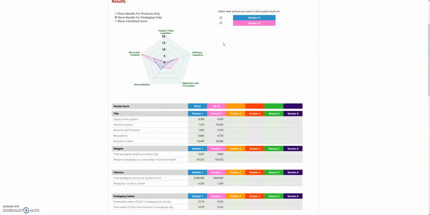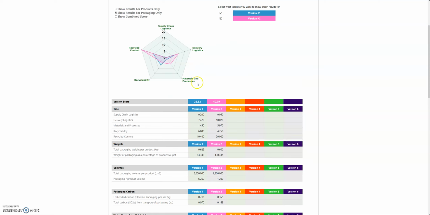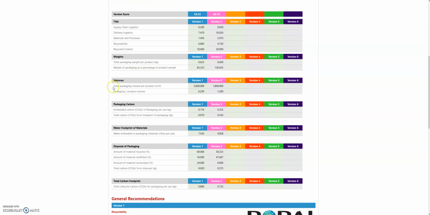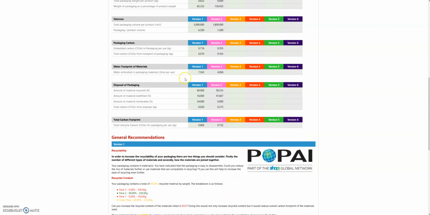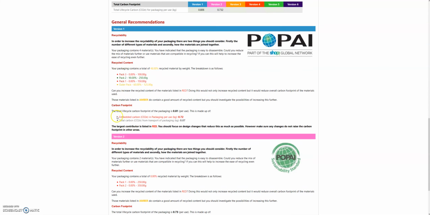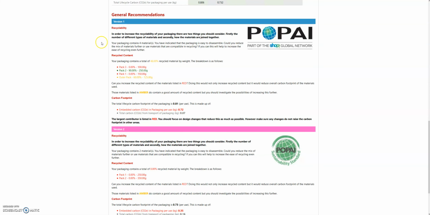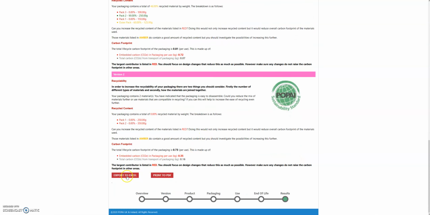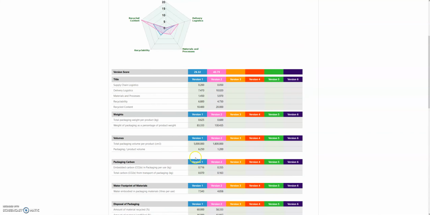If you've got more than, say, 2 or 3, it might be a little bit complicated. Again, a whole table of different types of results, looking at weights and volumes feature more in the packaging results, because obviously the size and the weight of packaging can be quite important. We still look at carbon footprint and water footprint, and again, disposal. Similar type of design advice, again at the end, recyclability, recycled content and carbon footprint, and again the ability to export these to PDF or Excel.